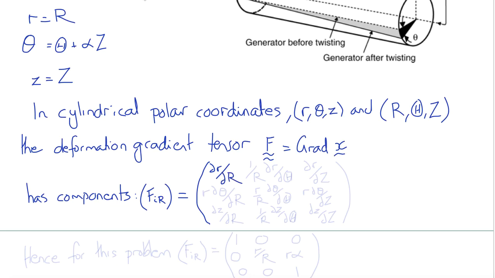But then instead of del little r, del theta, an element of length in the circumferential direction is r d theta, so this is 1 over big R del little r del Theta, then del r del Z.